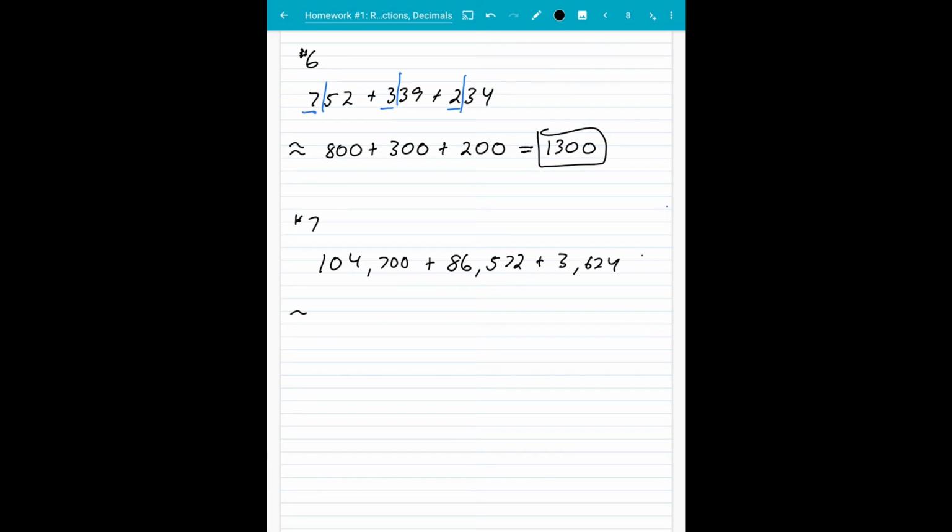We're going to approximate each and every one of these to its largest place value. So here would be the hundred thousands, here would be the 10,000s, and here would be the thousands. So 104,700 would round to 100,000.